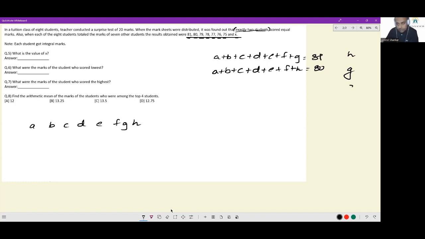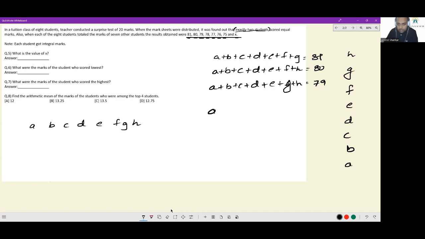Let me exclude F now. So A plus B plus C plus D plus E plus G plus H is equal to 79. Then E is excluded, then D, then C, then B, and then finally A is excluded.